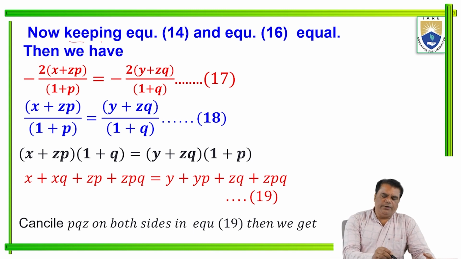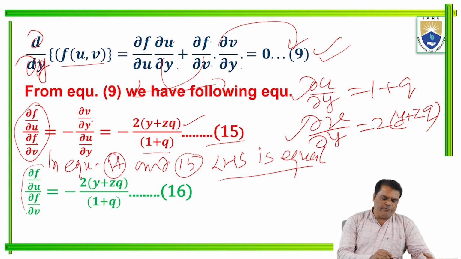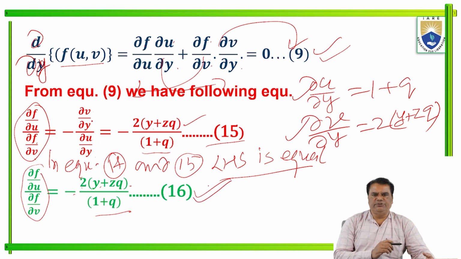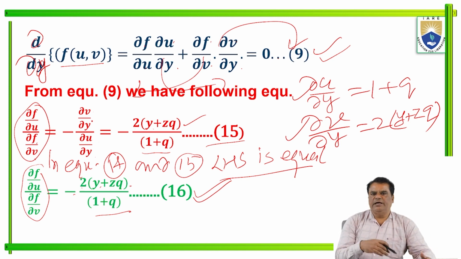Now keeping equation 14 and equation 16 equal, ∂f/∂u upon ∂f/∂v equals minus 2(y plus zq) upon (1 plus q). This is equation 16. Equation 16 and equation 14 have the same left-hand side, so one side is the same for the two equations, and we can put the other sides as equal.